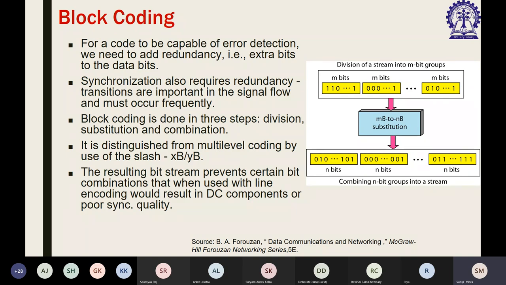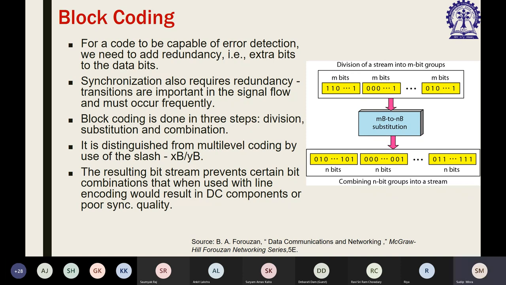So we are talking about the digital data, and that has to be sent as a digital signal, or the digital data has to be sent as an analog signal. We are only considering these two.